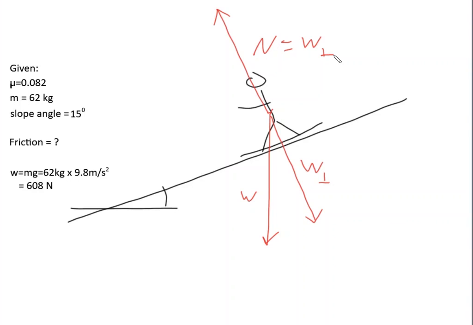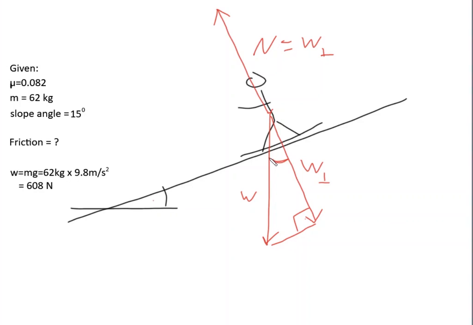And when we see this, we are actually dealing with a triangle, a right triangle, and we can use sine or cosine to find the perpendicular component. And first we identify that this angle is equal to that angle.